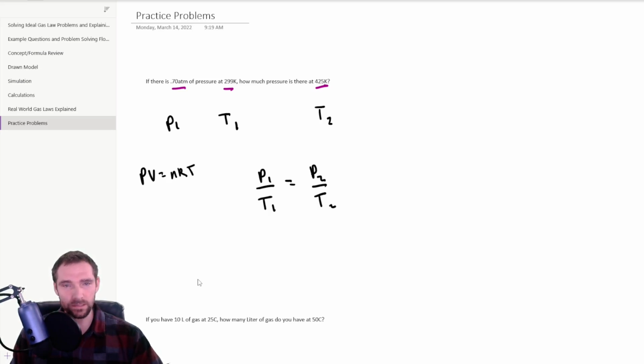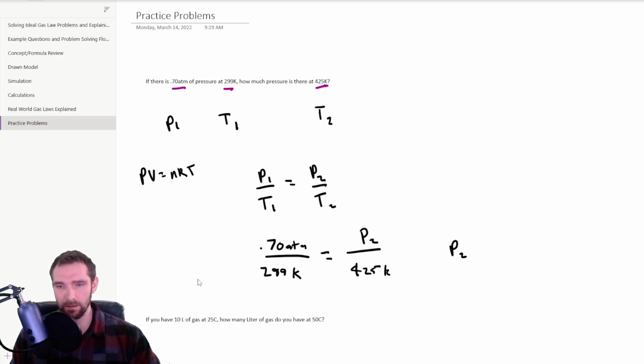So if we plug this in, it looks like 0.70 atmosphere over 299 Kelvin is going to be equal to P2 over 425 Kelvin, and then we're just solving for P2.